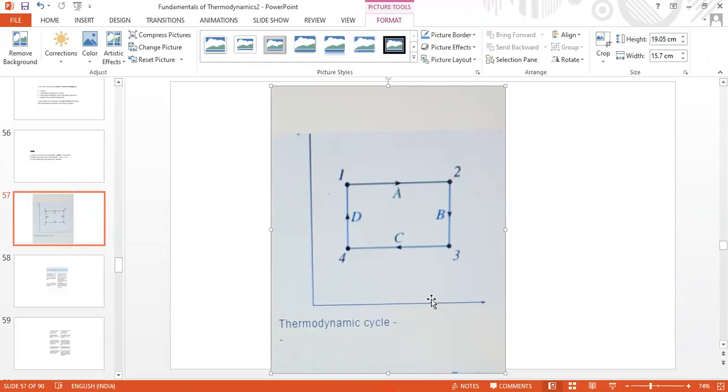I repeat, if this is the volume axis and this is the pressure axis, like that. Now, I am asking you again, why am I telling you integral PdV on the process 1 to 4 or 4 to 1 is 0? Why?